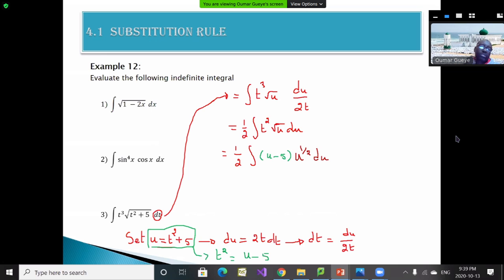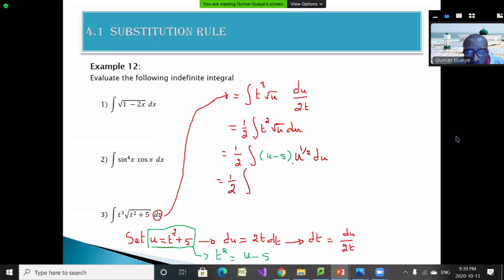Is it okay up to here? Any question? All right. I'm going to now open the bracket. So to expand the integrand, I'll get 1 over 2.